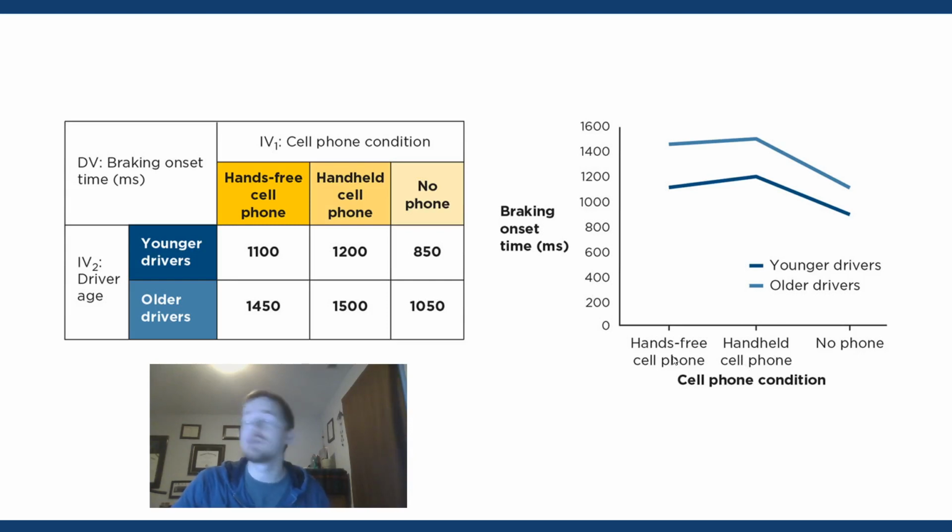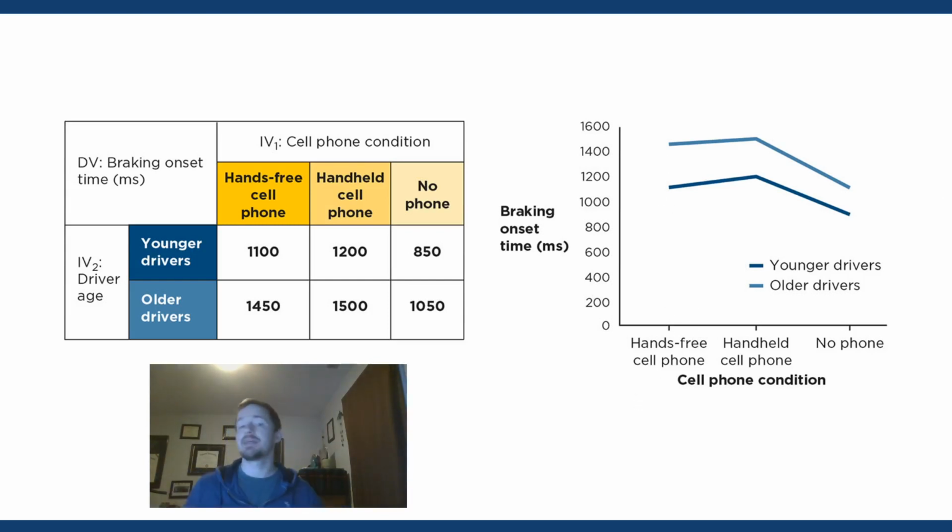But we do see an interaction in young versus old: older folks are going to be much better driving with no phone than with hands-free cell phones compared to the younger drivers. So the difference between old and young is exacerbated in the hands-free condition.